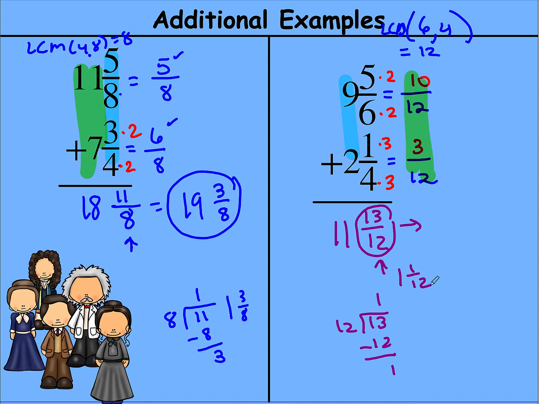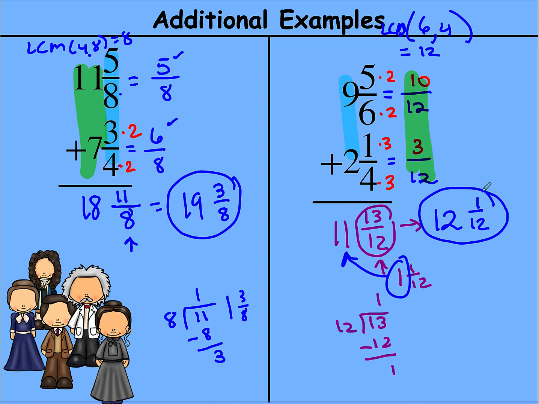So 11, and remember the 1 gets added to the whole number, giving me 12. And my fractional part is 1/12. So the sum is 12 and 1/12.